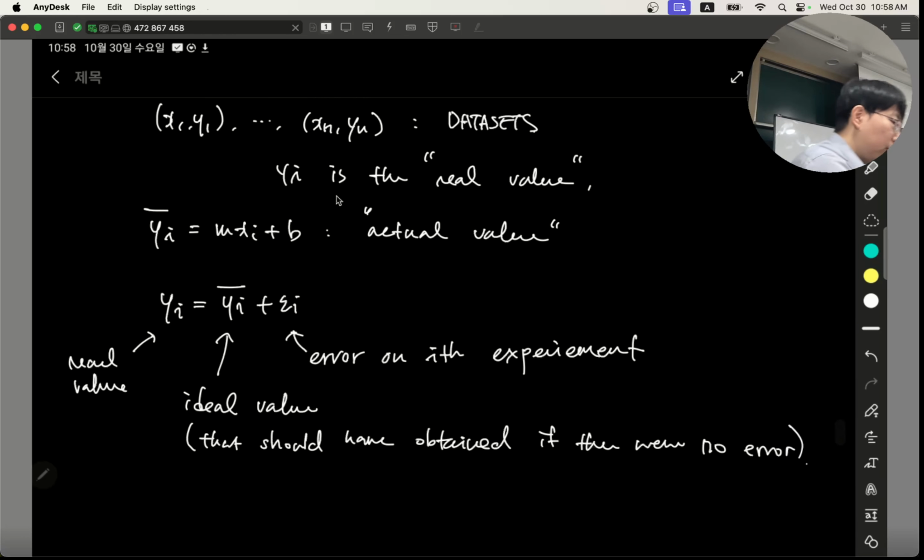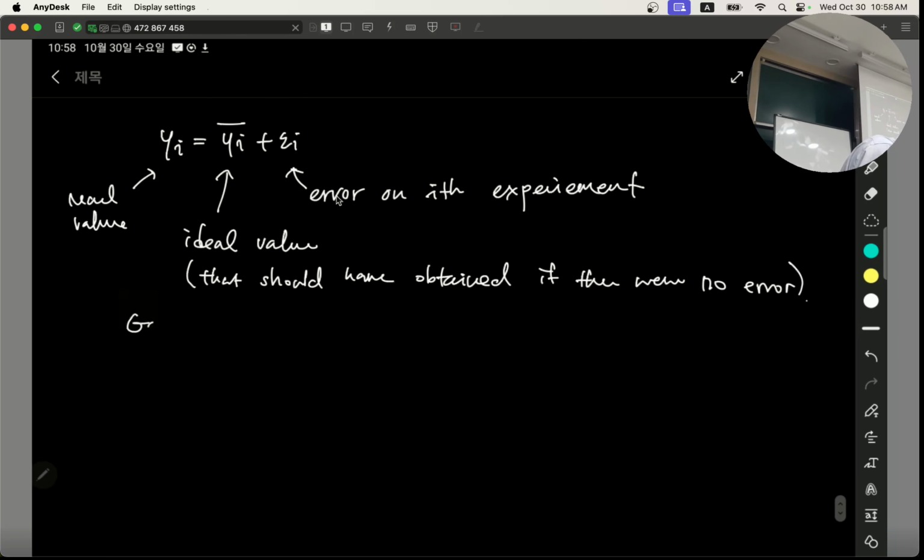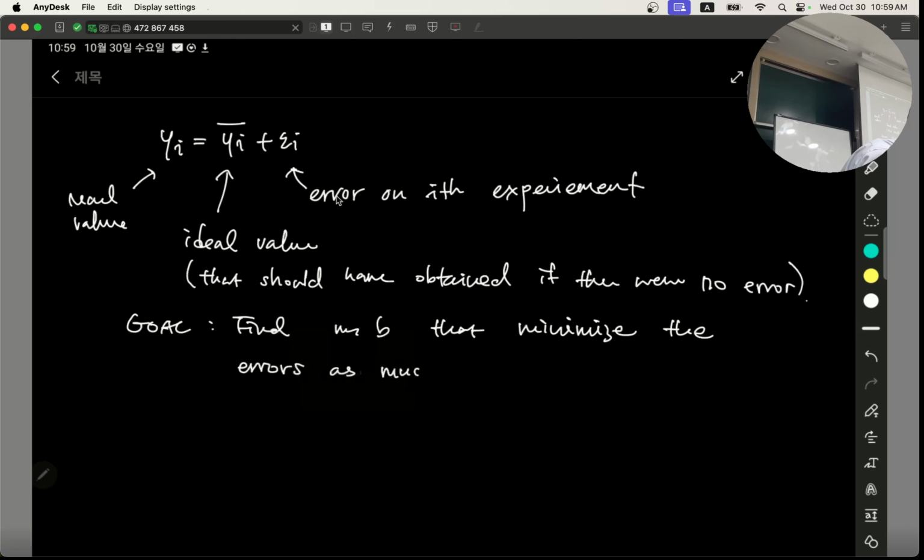So the goal is to find m and b that minimize the errors as much as possible.